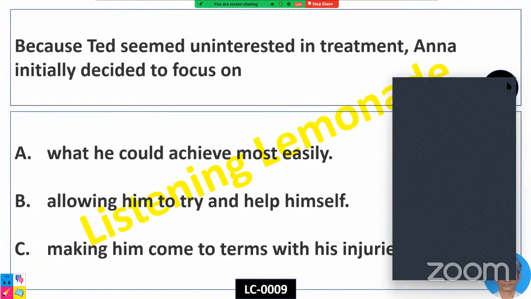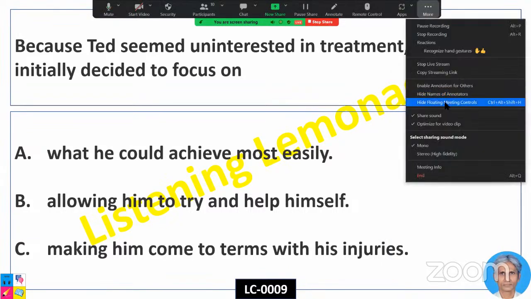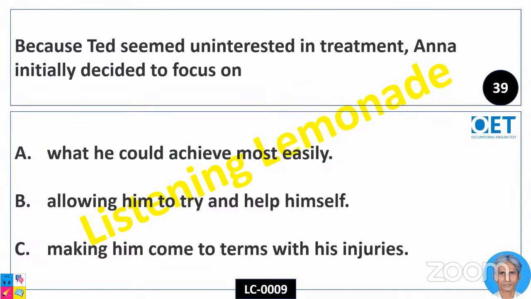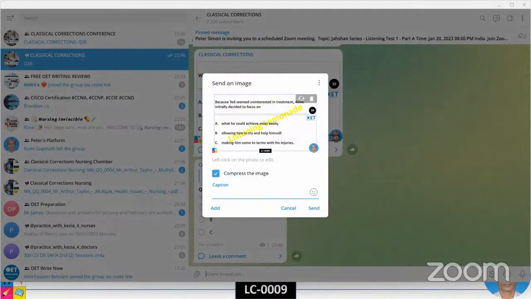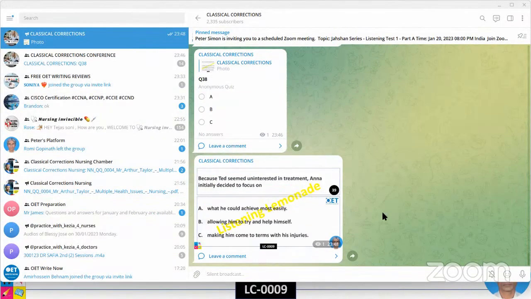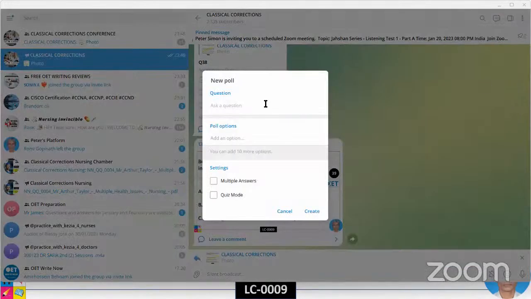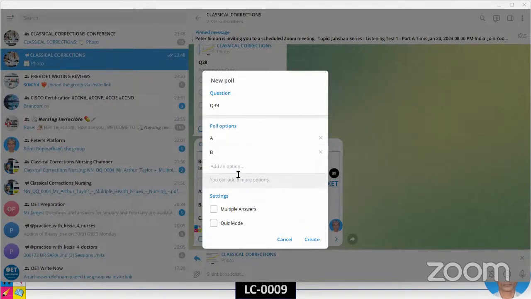Okay, majority is B. Now let us see this. So, question 39. A, B, C.